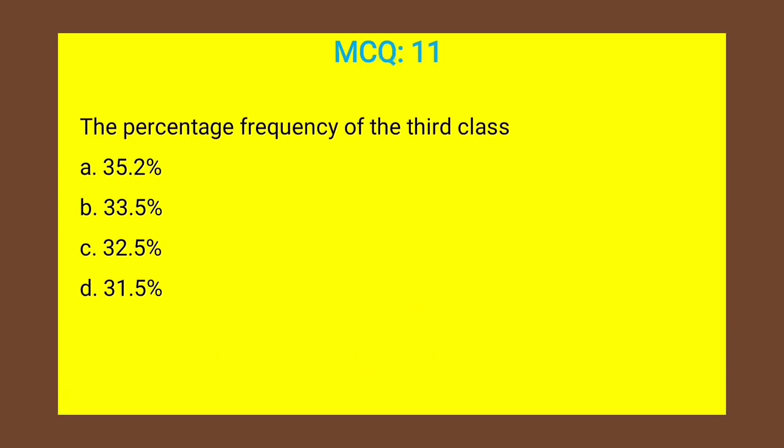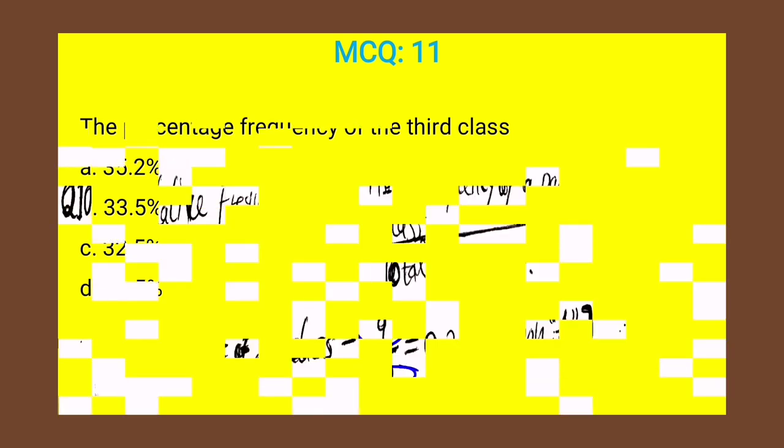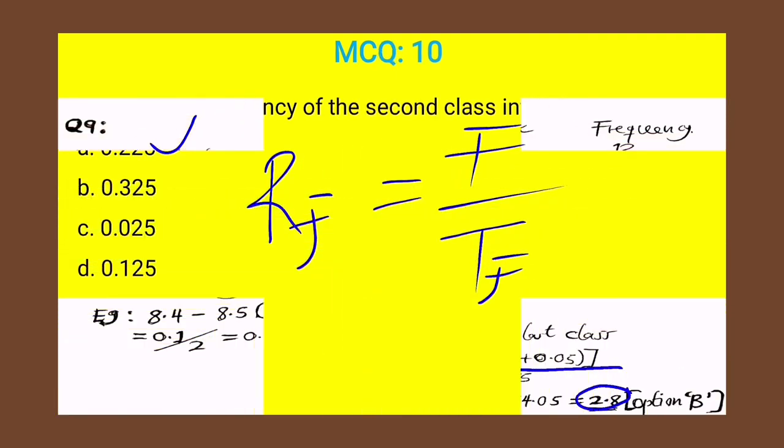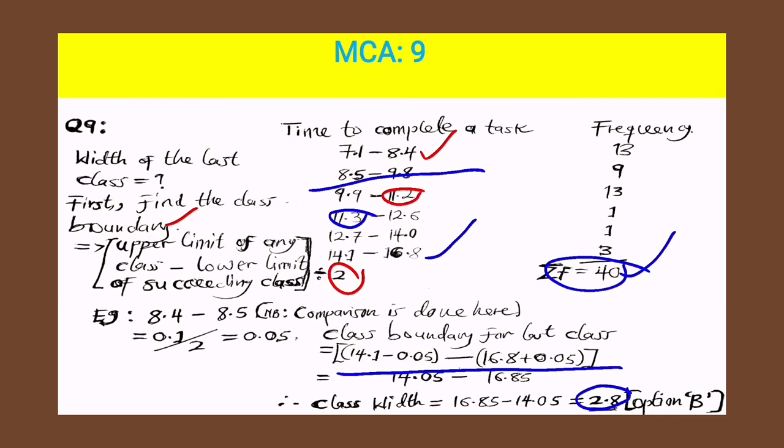Then we are also asked to find the percentage frequency of the third class. Let's go back and look at the third class in the question. The third class was 9.9 to 11.2, and the frequency was 13.